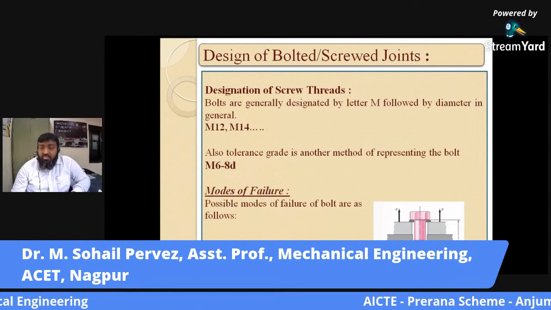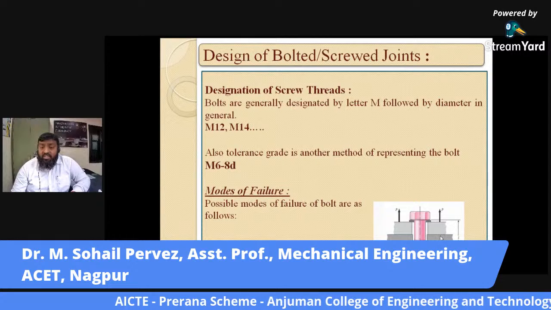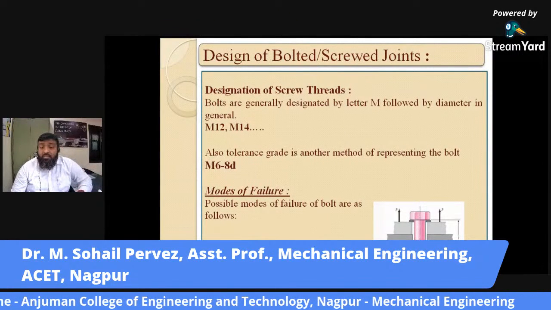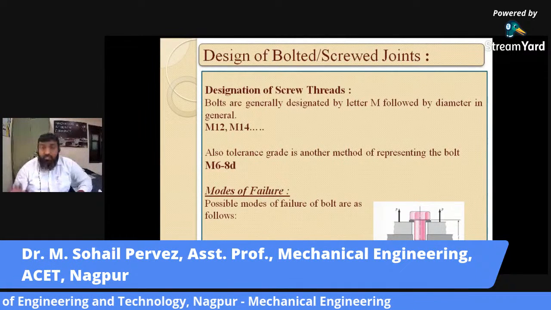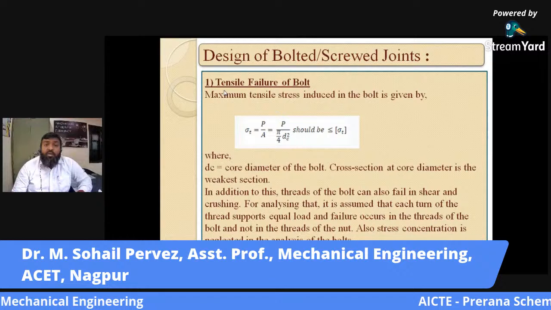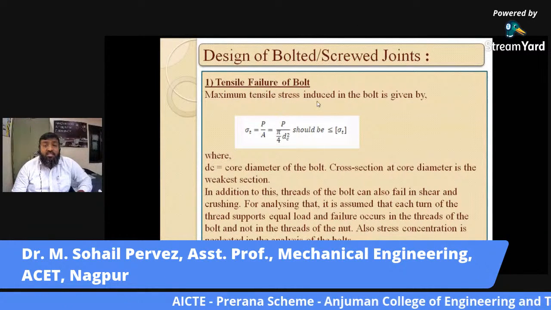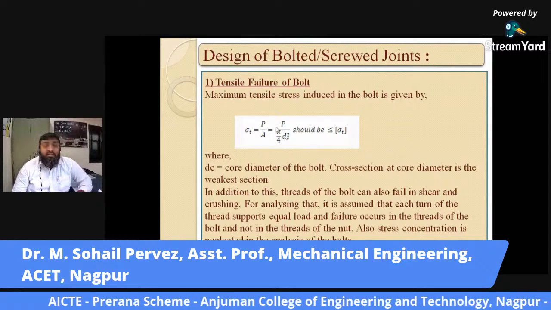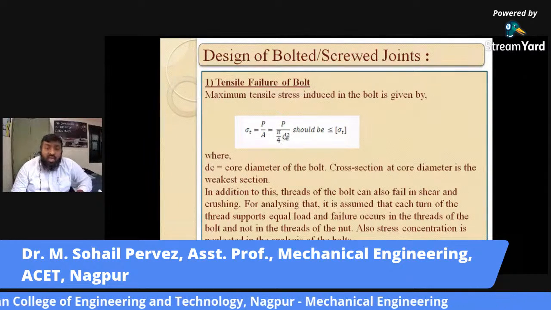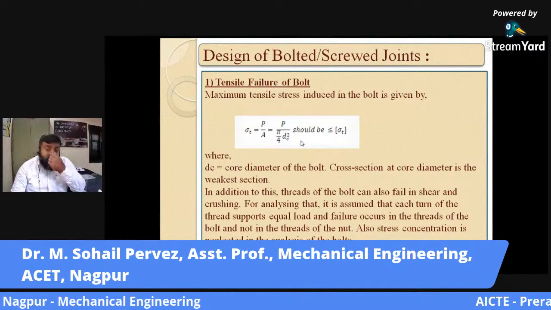This is the basic structure of a bolt, which is connecting two plates by a nut and bolt. Now, the failures. Number one, tensile failure of the bolt. Maximum tensile stress induced in the bolt is given as load upon area. This is direct stress. Now, which diameter is to be considered? Please concentrate: core diameter.